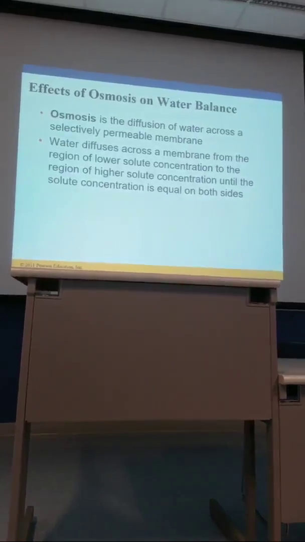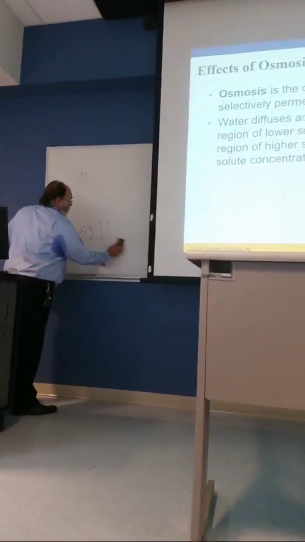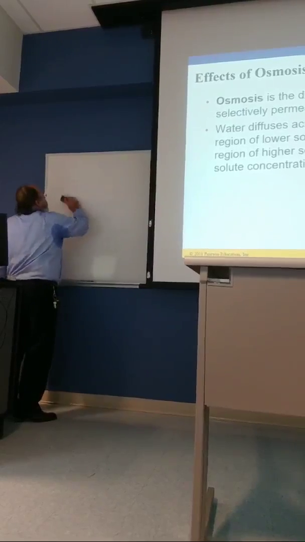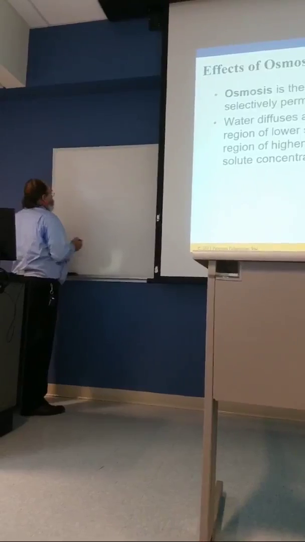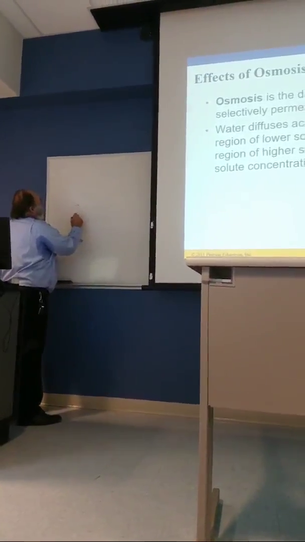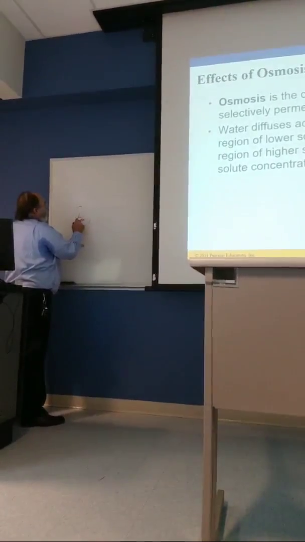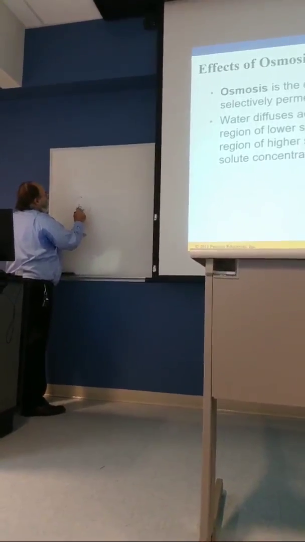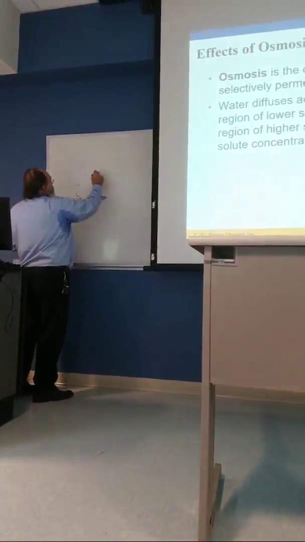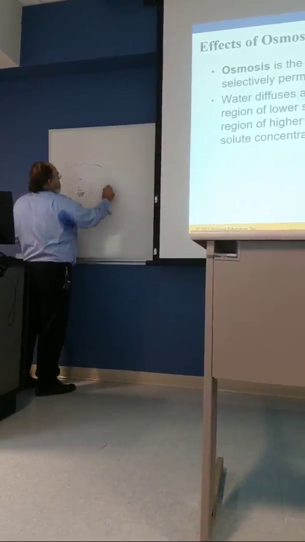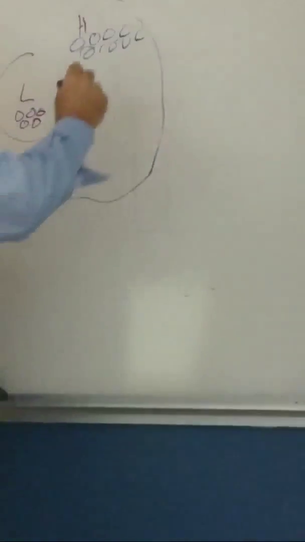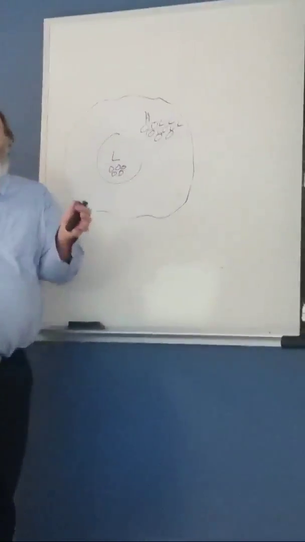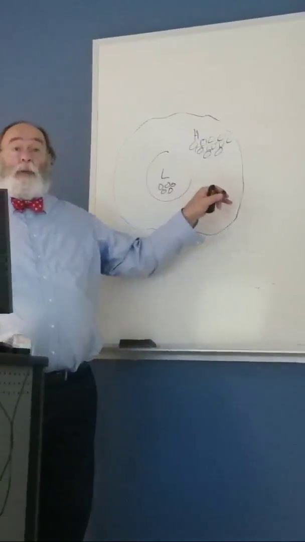And some of these things can be difficult sometimes to keep straight. But if we have a cell that has a low concentration of molecules, whatever they are, and then it is in a solution surrounding it that has a high concentration, has a lot more of those molecules, one of the things we might think is, well, all this water should go from the high.